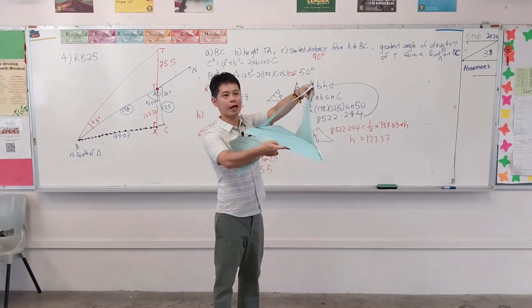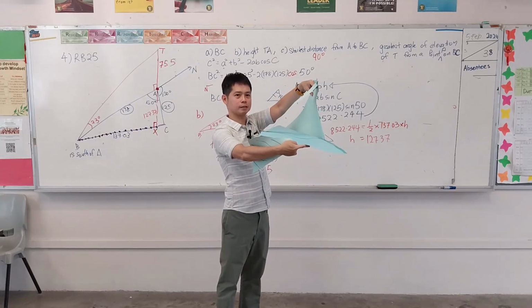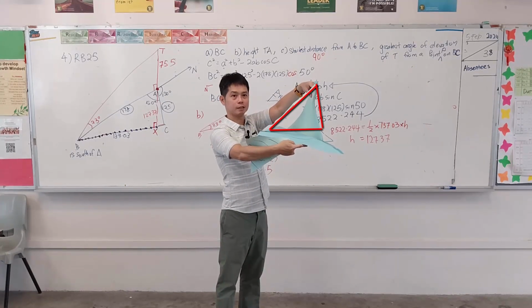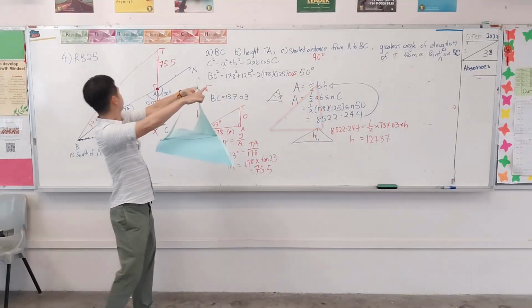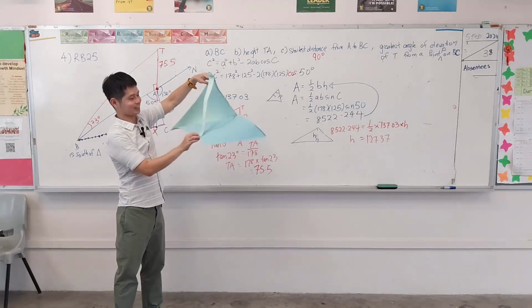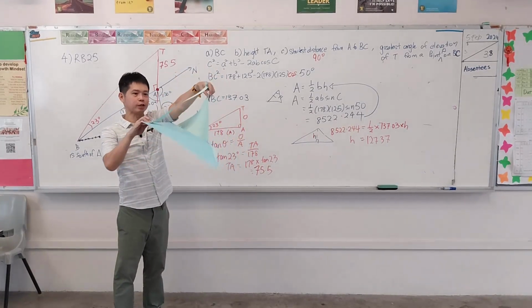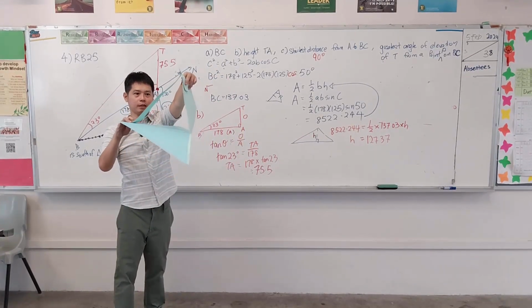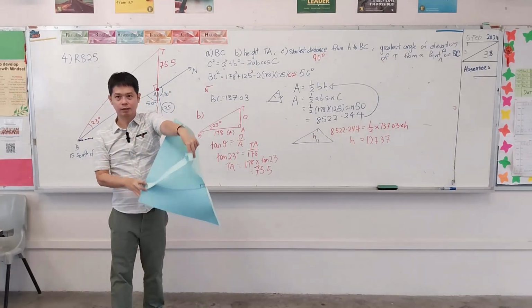Okay, now the picture looks like that. Can you all see what type of triangle this is? This is your T, this is your A, and this is your X. It's a right angle triangle, right?